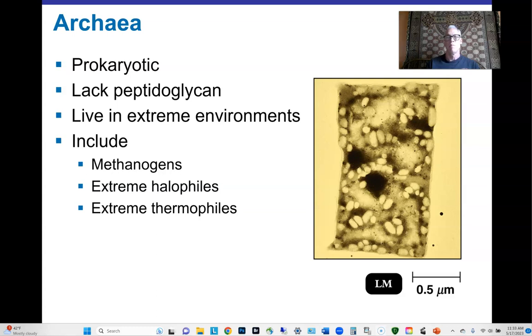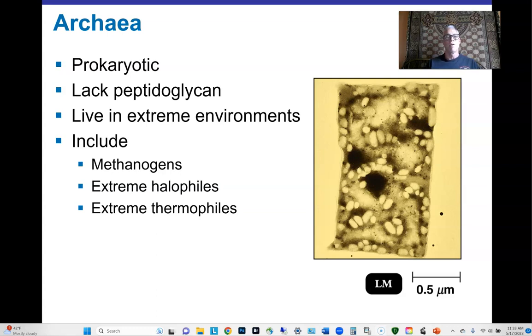Old Faithful comes to mind, out west, a very popular mecca for summer travelers. So these things can live in very extreme environments, but there's very few human diseases caused by Archaea. We won't mention them probably anymore during this treatment of our introduction to microbiology.